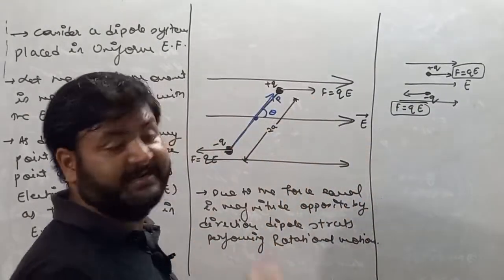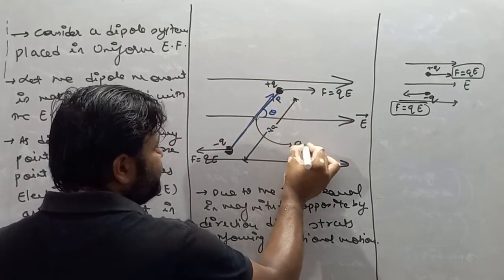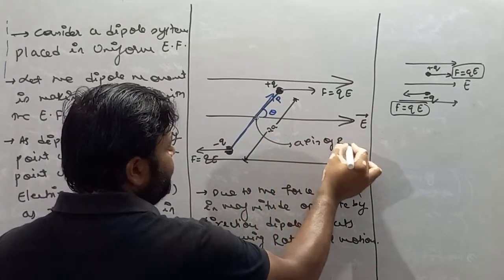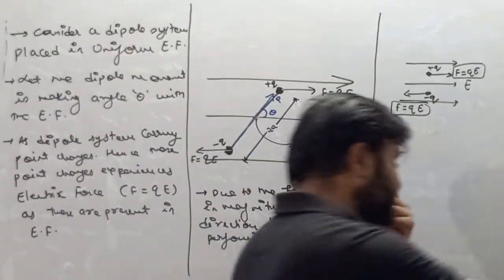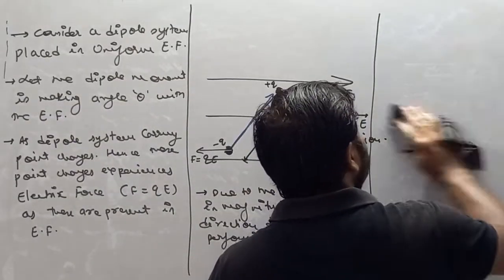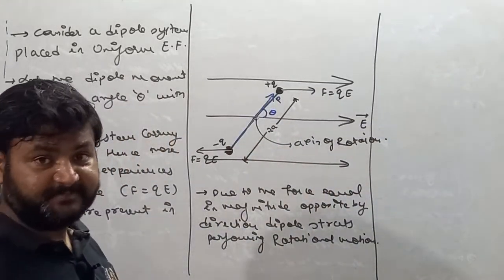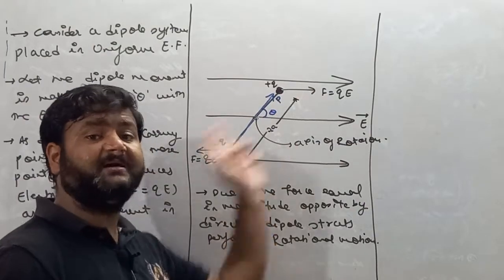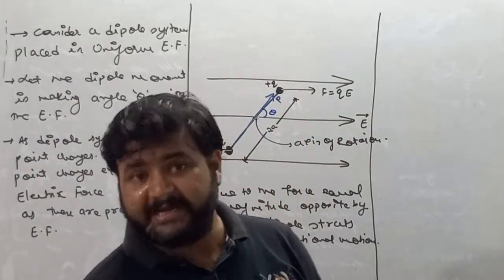We have to find its torque. This point is basically, let's say, the axis of rotation. So these forces are capable of rotating the body, hence we'll find the torque of both the forces.